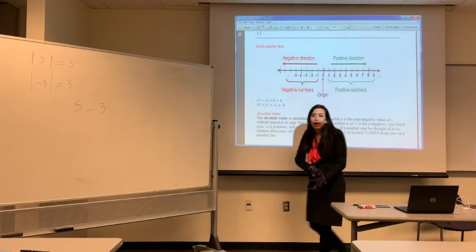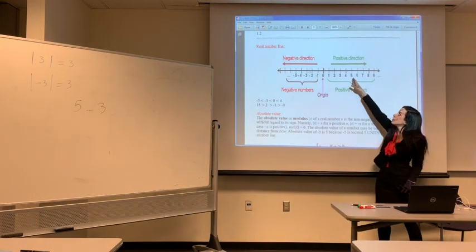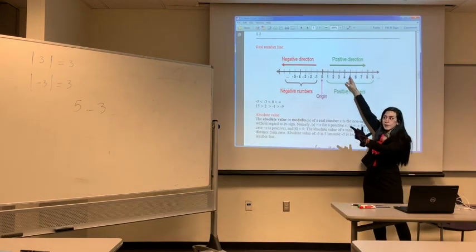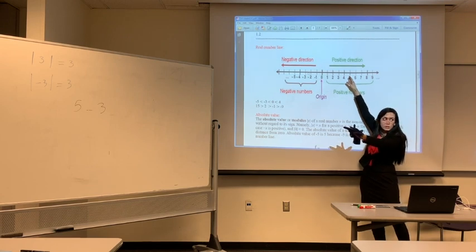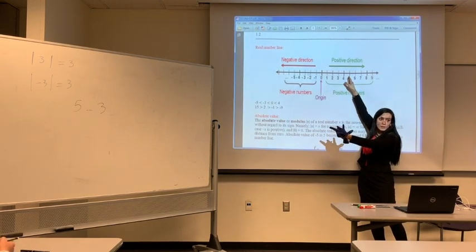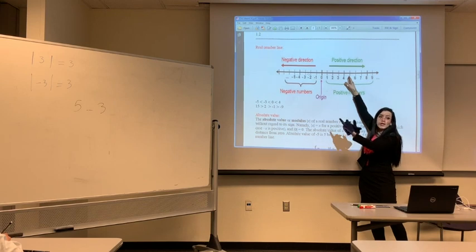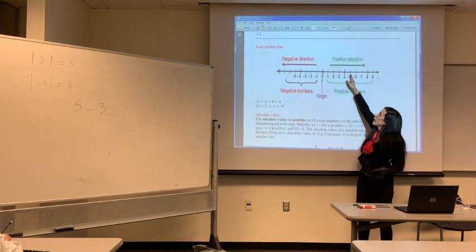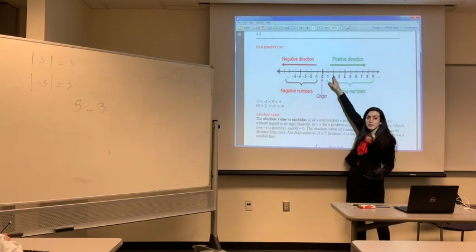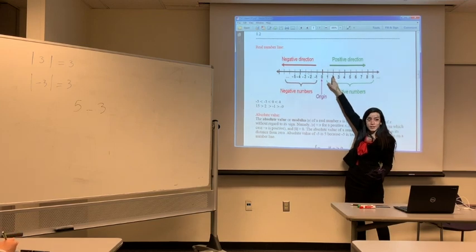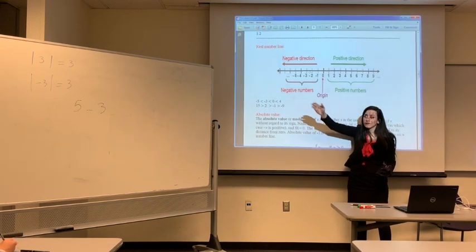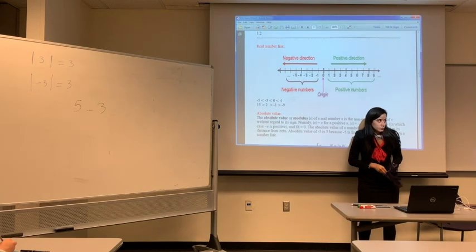What happens? I start with 5, and then the direction says go backward, because that side is all negative numbers, correct? How many units? 3 units. So let's go back: 1, 2, 3. So this will be the answer. 5 minus 3 is 2.